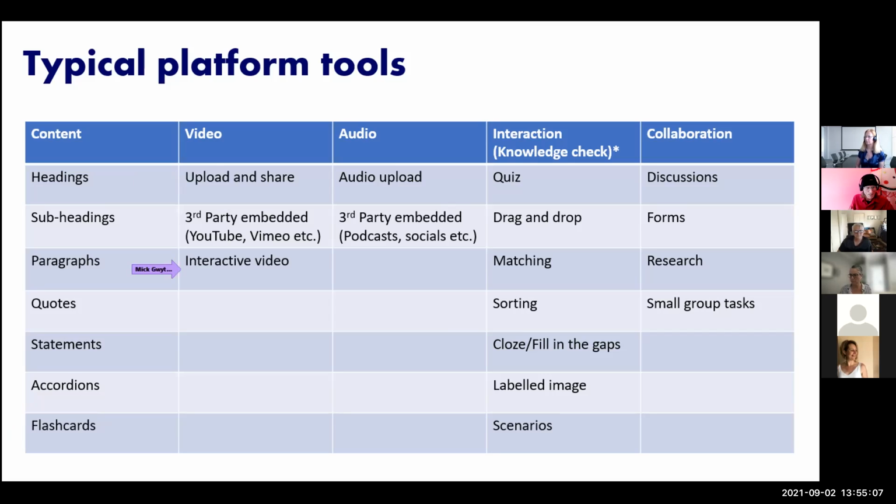You can stop the video and ask students a question, make a comment, or show another video, or even go to some other form of interaction or presentation. One of the tools that does this quite well is H5P, which is an open source set of tools for creating discrete learning activities rather than connected. So they still have to be connected in some other tool, but work really well. Audio is pretty much the same.